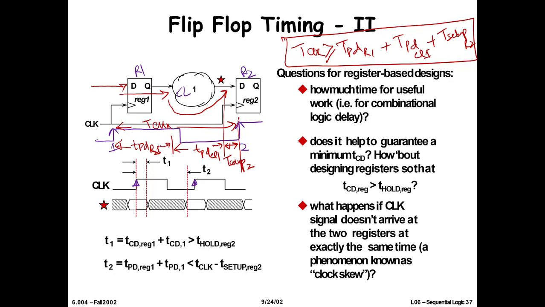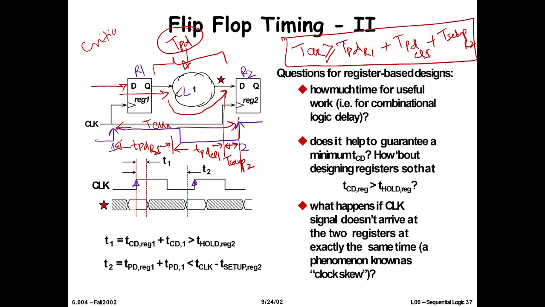Then you need to locate two registers such that the combinational logic between these two registers has the maximum TPD. If you take two registers between which you have the maximum TPD, then that path is called the critical path.